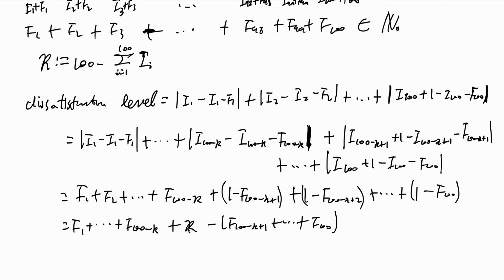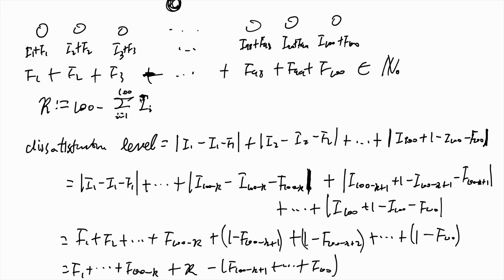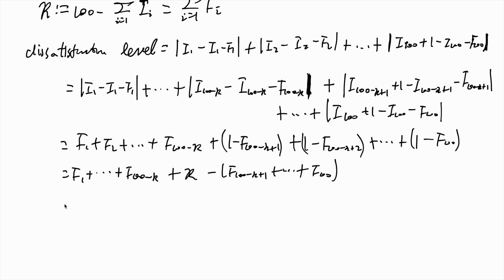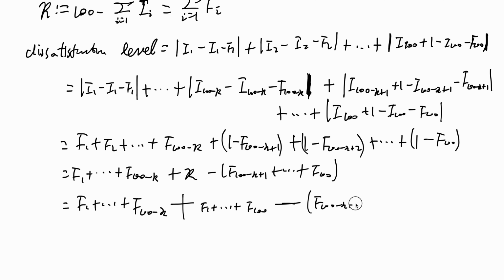And we know that r equals this thing, and this thing is simply equal to the sum of f of i, which means we have f of 1 plus dot dot dot plus f of 100 minus r, plus f of 1 plus dot dot dot plus f of 100 minus f of 100 minus r plus 1.